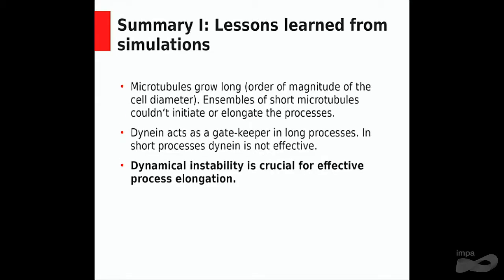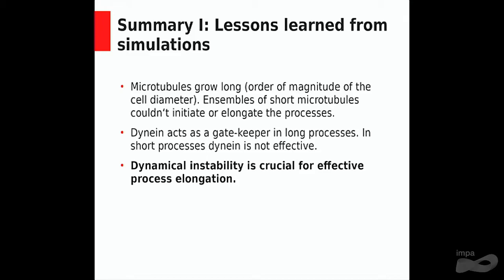Okay, and let me just summarize what we learn now from this simulation project. The most important message is that dynamic instability has a major effect. So this is something that even the biologists were not aware of. And other things we learned were that actually microtubules in those cells grow fairly long.